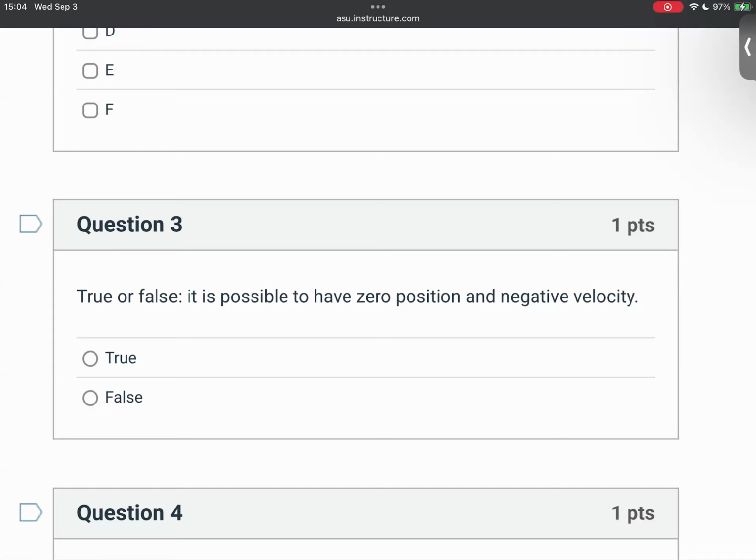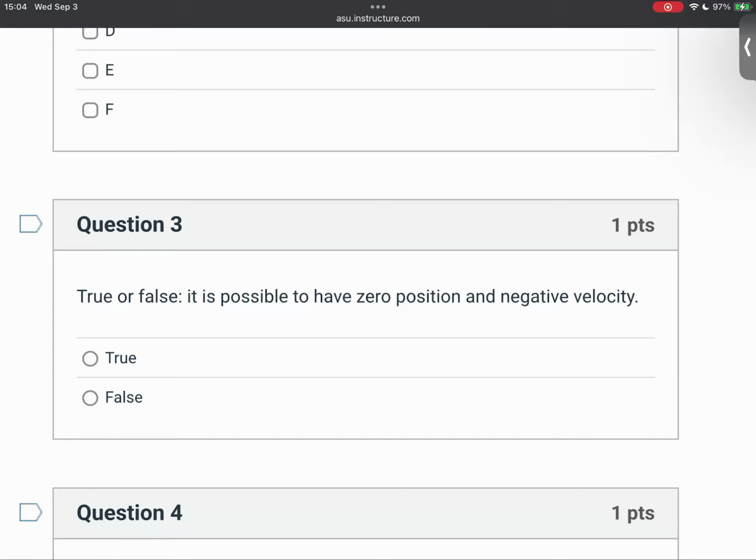Let me follow this up. Is it possible to have positive velocity and no acceleration? Google form, H, positive velocity and no acceleration. This will be on your next quiz, I think, or exam.